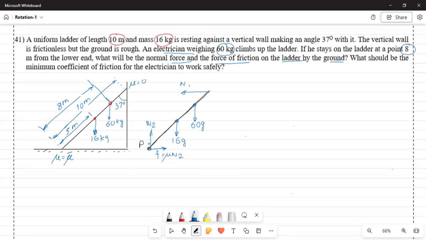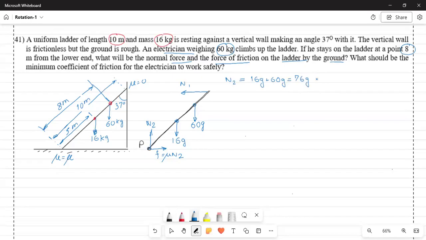Now let us solve or equate these forces one by one. N2 is the vertical force upward, and downward forces are 16g plus 60g, which is equal to 76g.